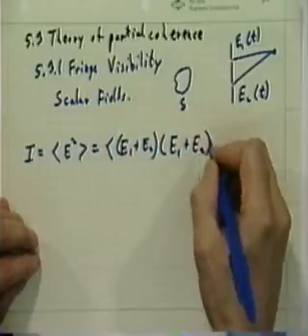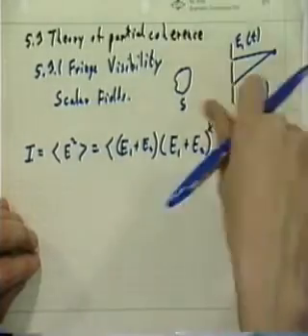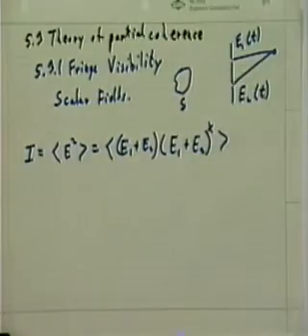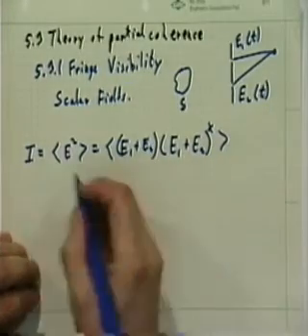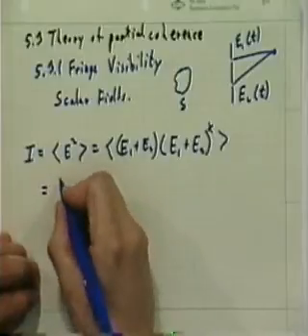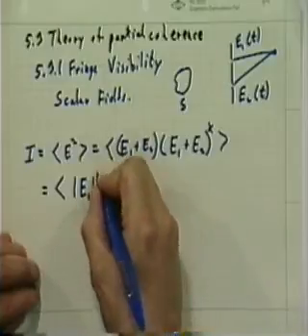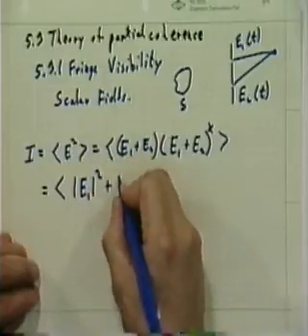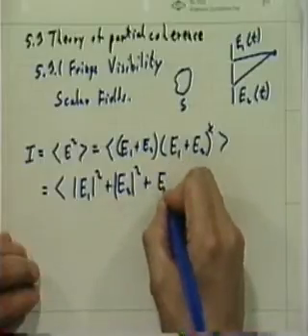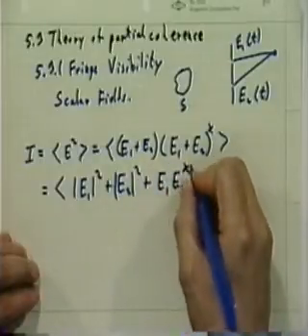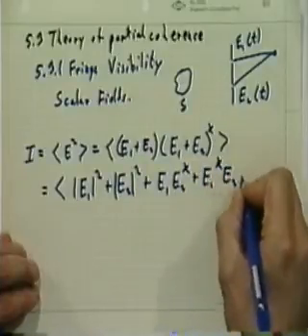So I'm combining these two electric fields here, and how I combine them doesn't really matter, but I'm combining them some way. And so I'll just multiply this out, and we're going to do a time average of the one field squared plus the second field squared plus E1 E2 complex conjugate plus E1 complex conjugate E2.